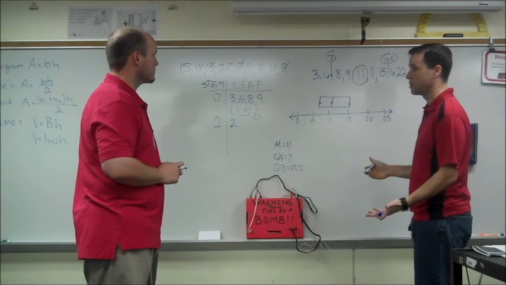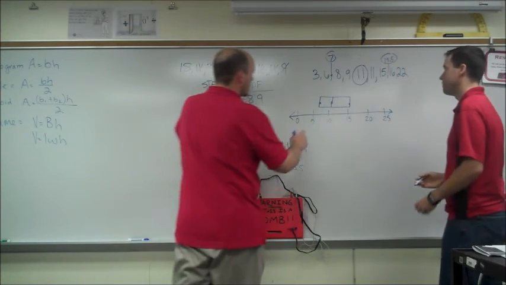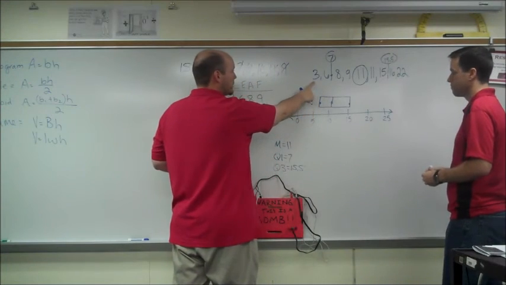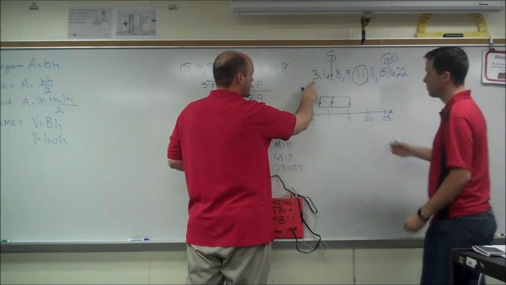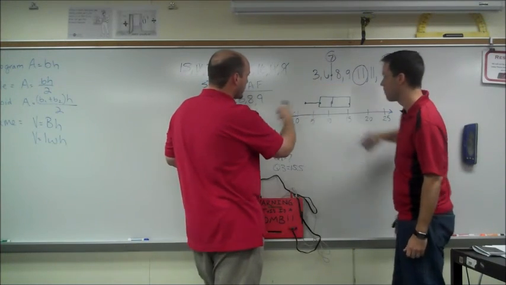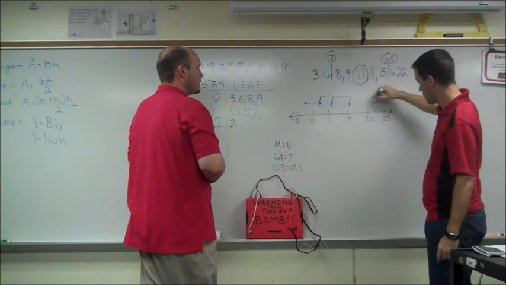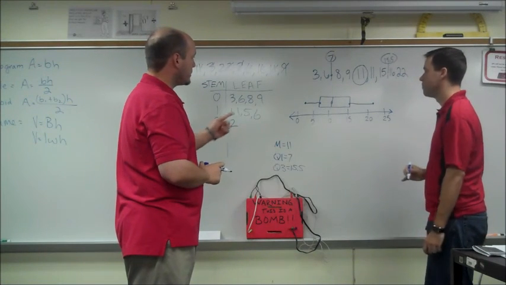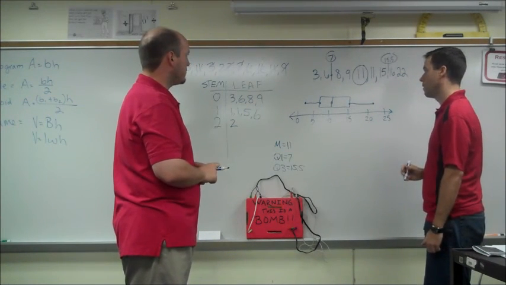Now, how do you get the whiskers? The whiskers extend out to the minimum value and the maximum value. So I see here that our minimum value in our data set is the number 3. So I'll put a dot right around 3 and a whisker shooting out that way. The maximum value in the data set is 22, so we have a dot there with the whisker shooting out to the right. Awesome.